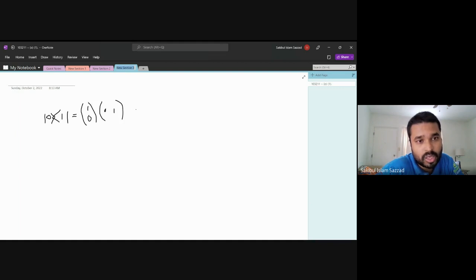There is one column and one row. You cannot do normal matrix multiplication for this.